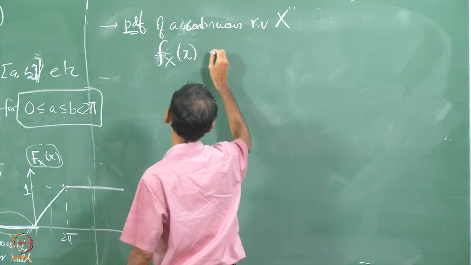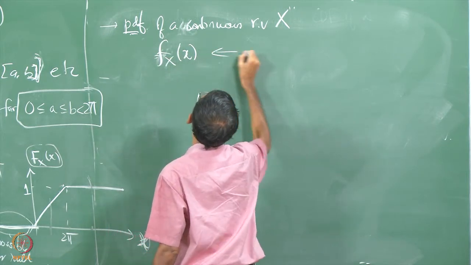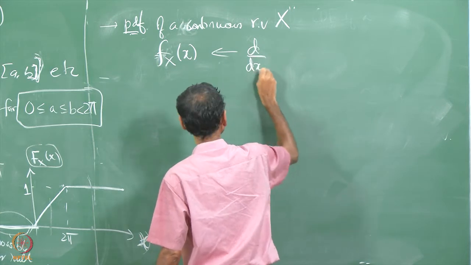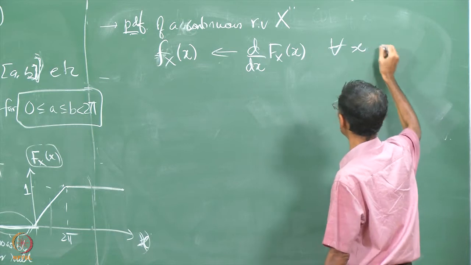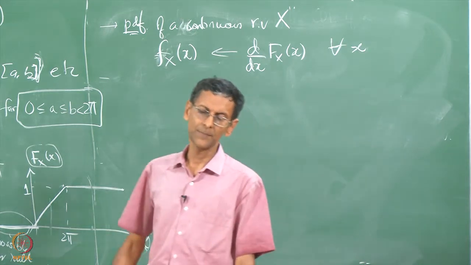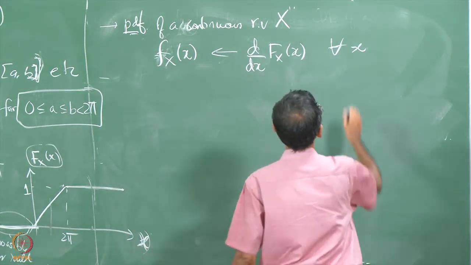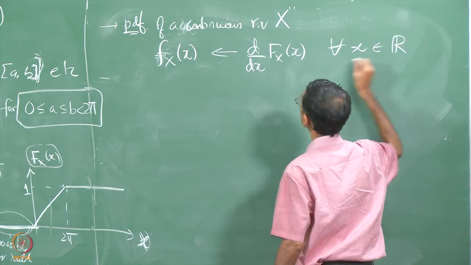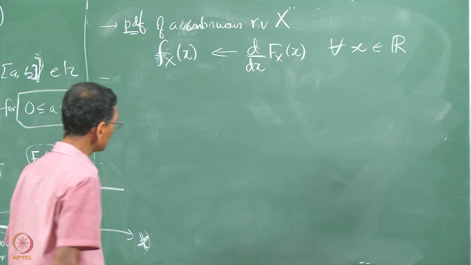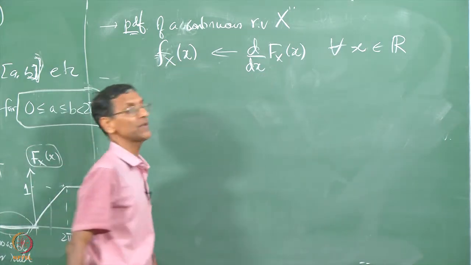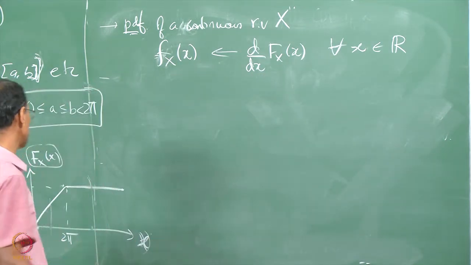Once you find the CDF, and the CDF is continuous, you just differentiate it everywhere on the real line, and by differentiation you can go from the CDF to the PDF, which is exactly what we did earlier.